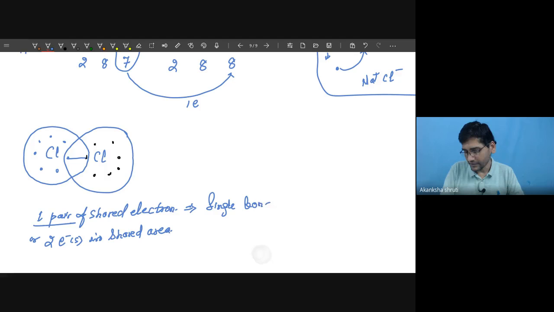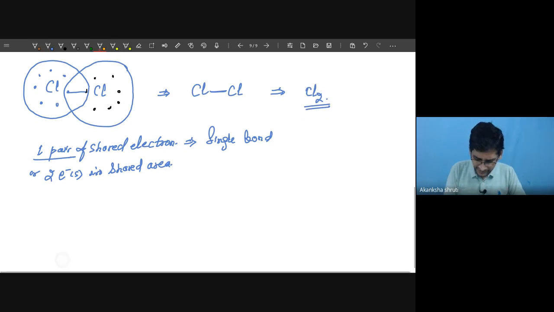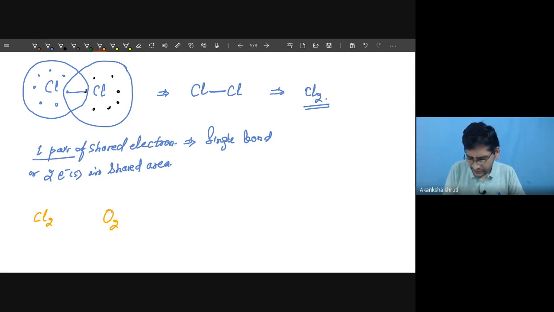So between chlorine and chlorine, only one pair is shared. It is simple. Finally, the molecular formula is Cl2. If we consider Cl2, O2 and N2, between chlorine and chlorine there is only one pair of shared electrons, between 2 oxygens there are 2 pairs of shared electrons, and between nitrogens there are 3 pairs of shared electrons.